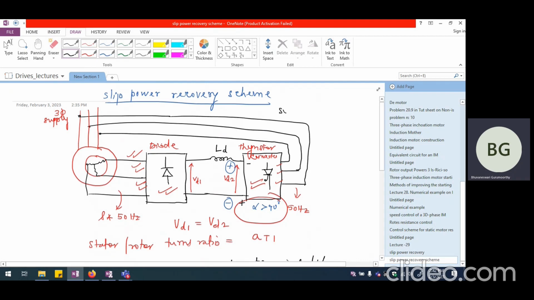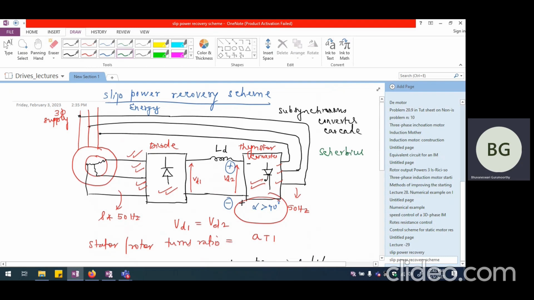So we call this sub-synchronous converter cascade. So slip power recovery scheme or slip energy recovery scheme also goes by the name of sub-synchronous converter cascade. In fact, the implementation was initially invented by somebody by the name Scherbius.